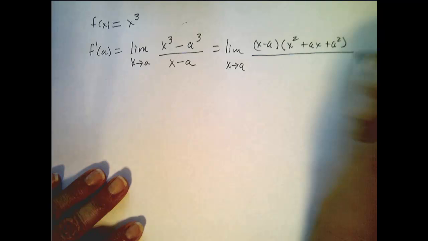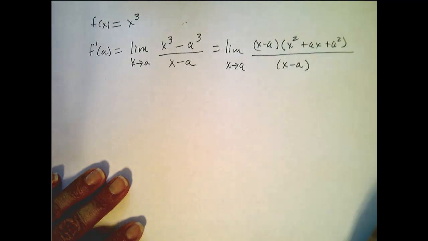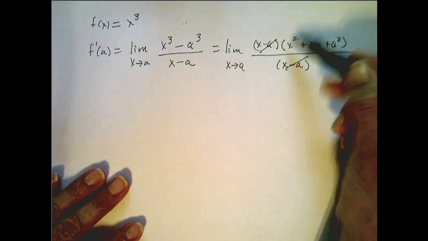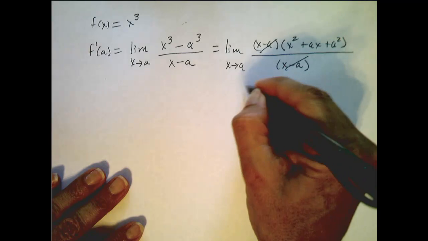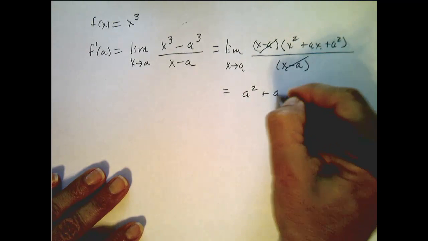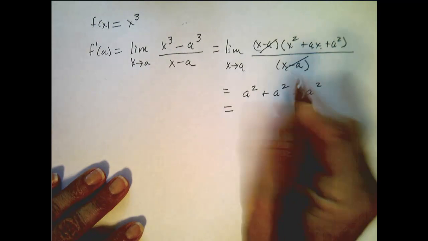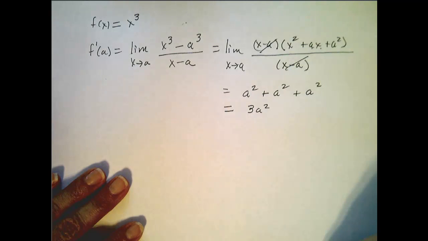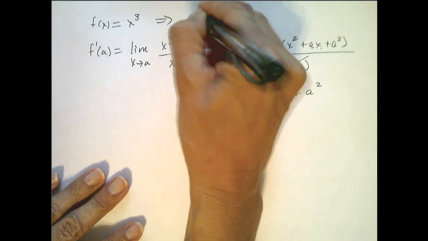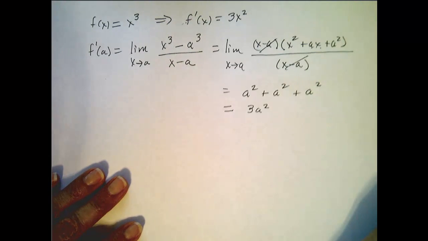You may have to go back and review the difference of two cubes. These cancel, and I'm ready to do direct substitution. And I get a squared plus a times a is a squared plus a squared, which is 3a squared. This is true for any a value, so it's true for any x value. So f prime of x is 3x squared.